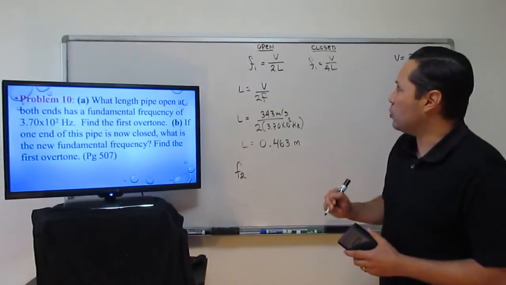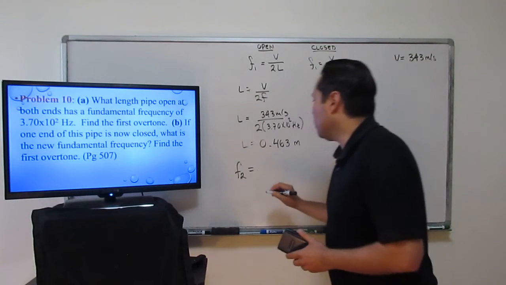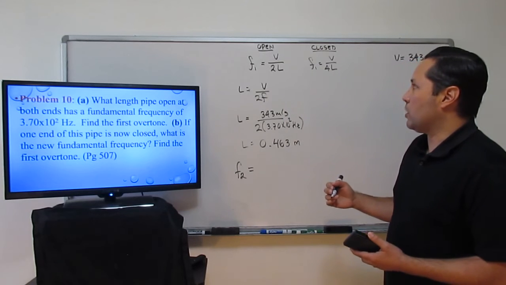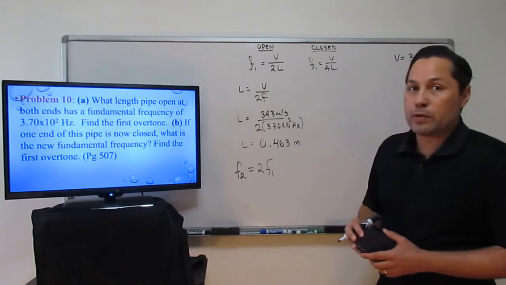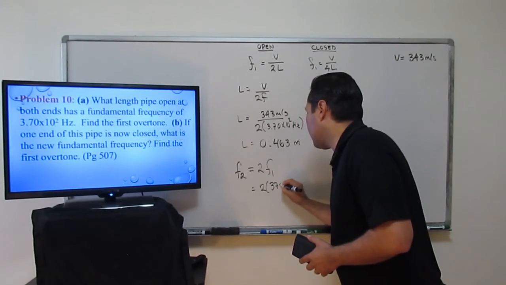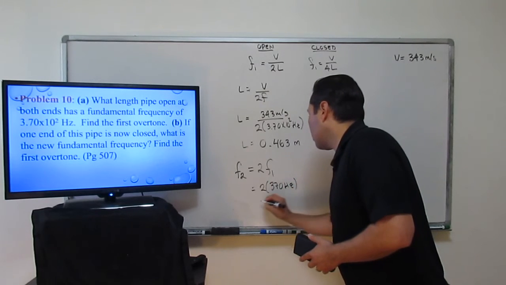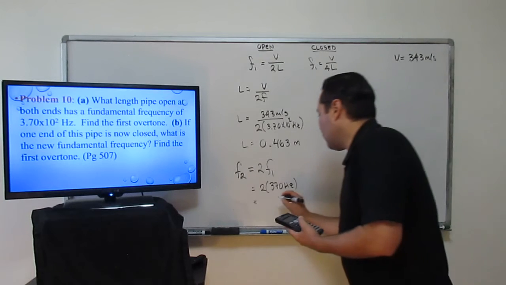For this one, the formula we're going to use is 2 multiplied times the fundamental frequency. So that's going to be 2 multiplied times 370 hertz. So our answer for our first overtone is going to be 370 times 2, which gives us 740 hertz. So that's our first overtone.